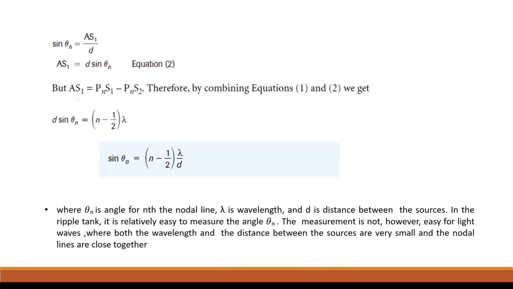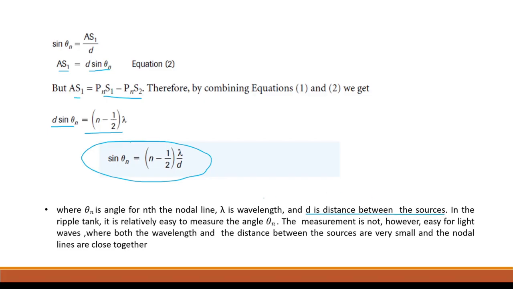And since all of these are equal, we can put in the n minus half lambda from up there. If we rearrange it for sine theta, we have this formula, where theta n is the angle for the nth nodal line, lambda is the wavelength, and d is the distance between the sources. So we now can get that value.